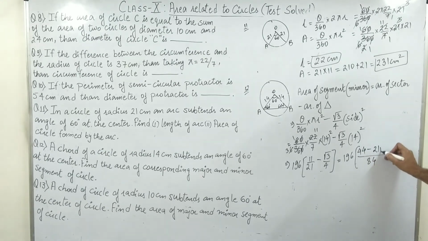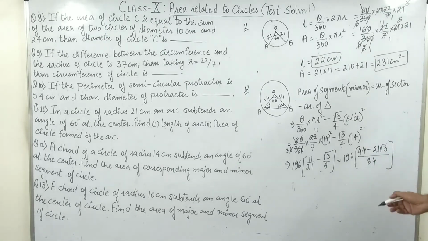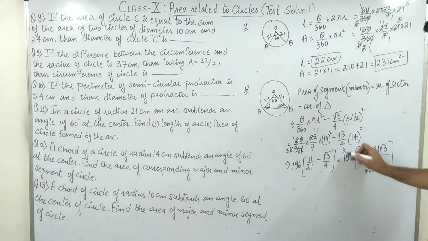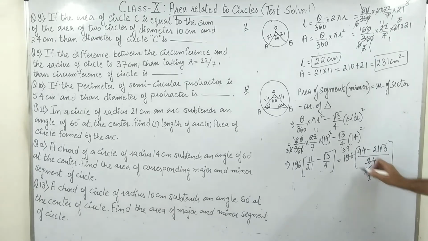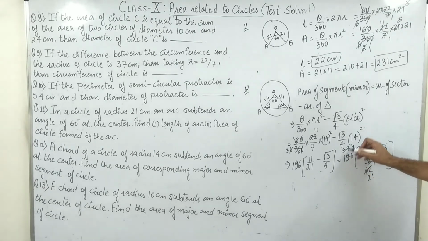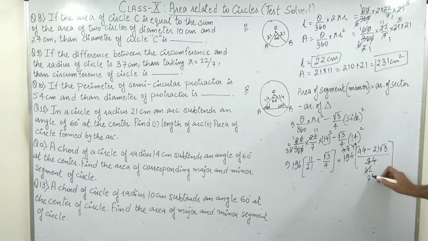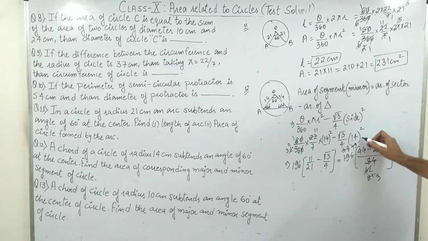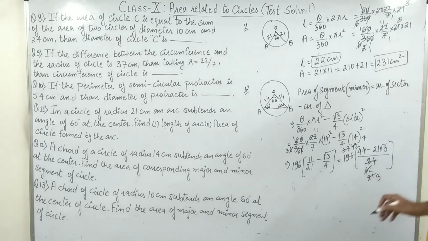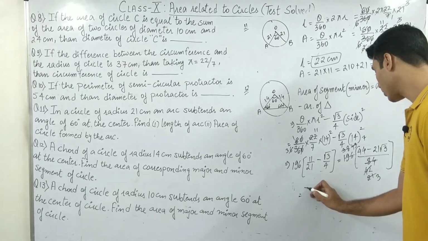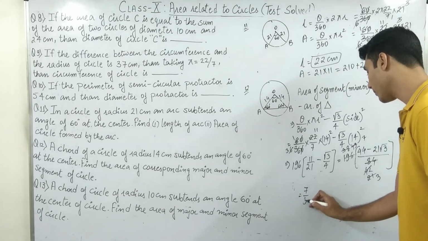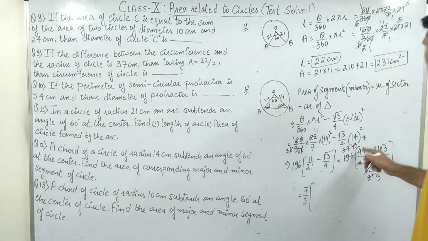So this will be 21√3. 84 divided, so let's divide it. 2 4s are 8, 2 2s are 4, 2 9s are 18, 12, 16, 4s are 8, 9, 7 3s are 21, 7 7s are 49, 7 upon 3 is left here. So this will be 7 upon 3 in bracket 44.